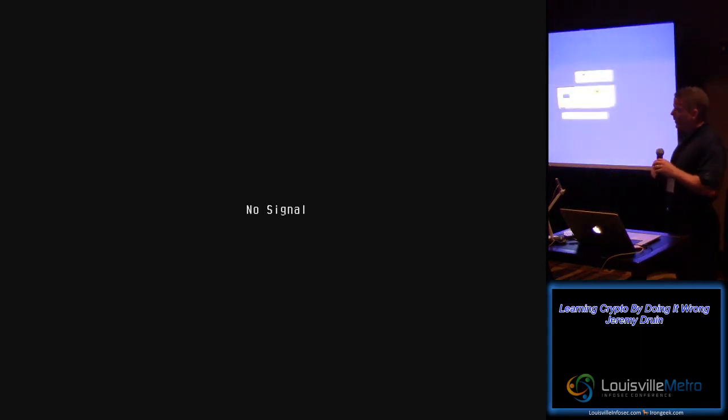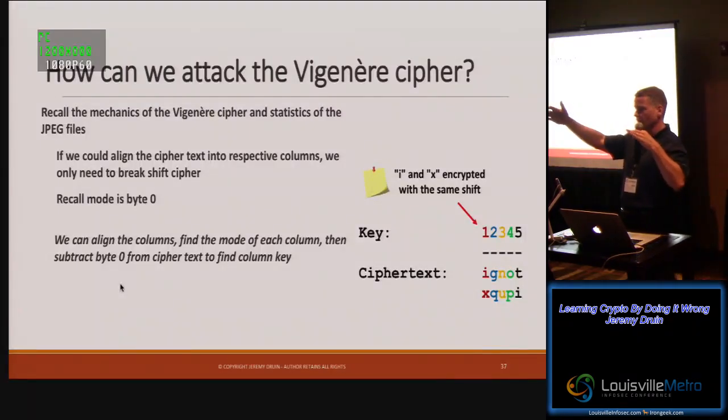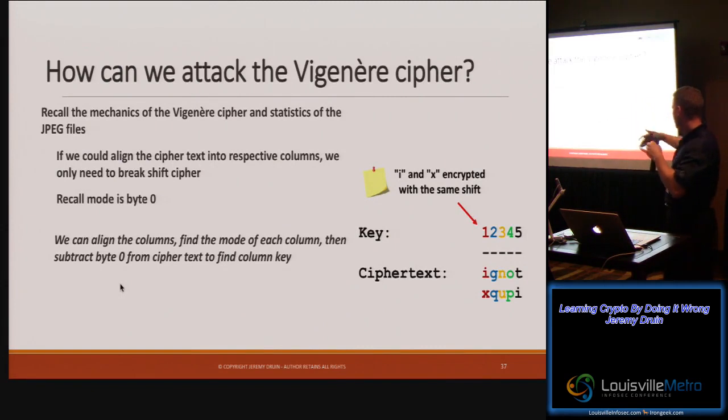So one of the things we can do to actually break this is look at the words in the ciphertext. If you think of the ciphertext as being one really long giant word, a constant stream.